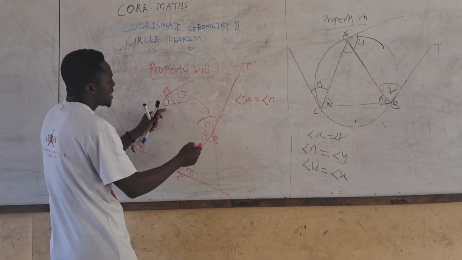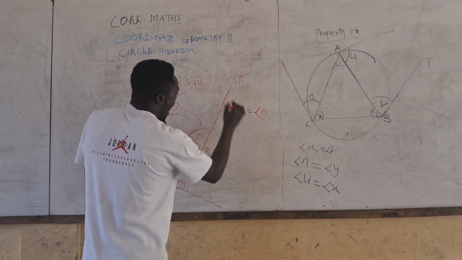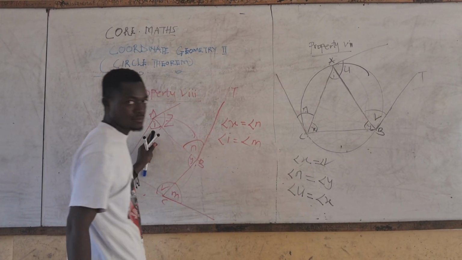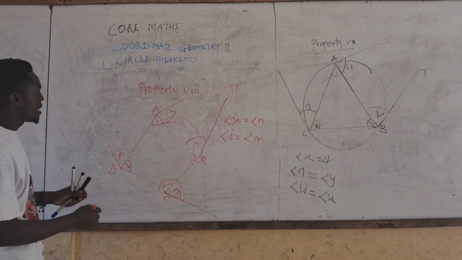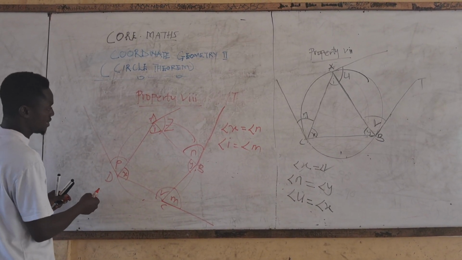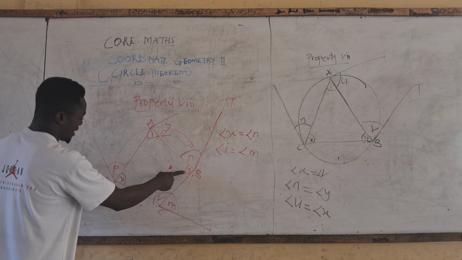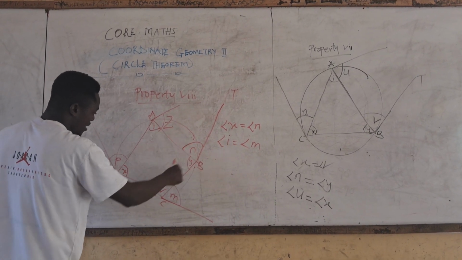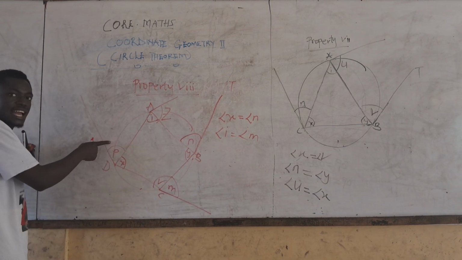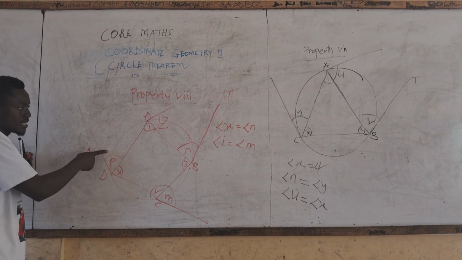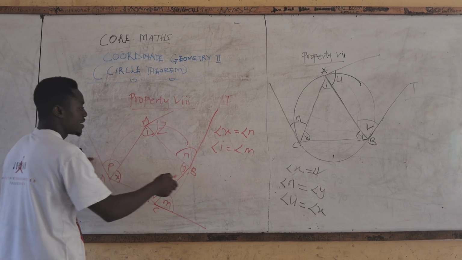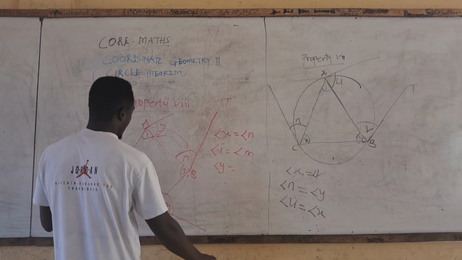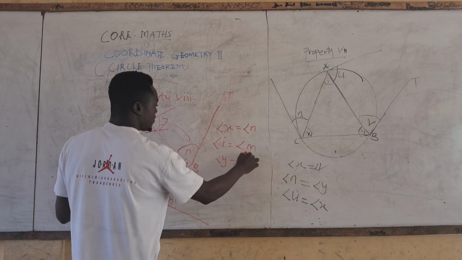Therefore, the angle I is equal to the angle M. Also, this Y is an interior angle found within the quadrilateral, opposite to this exterior angle. Therefore, the angle Y is also equal to the exterior angle P.